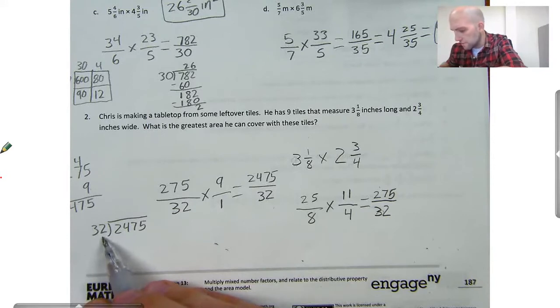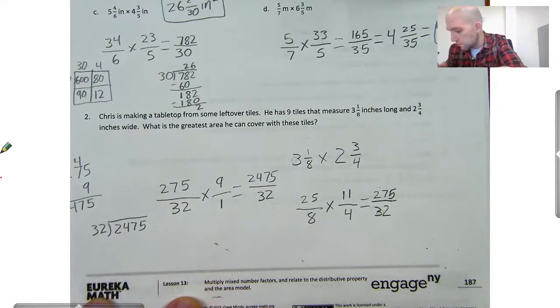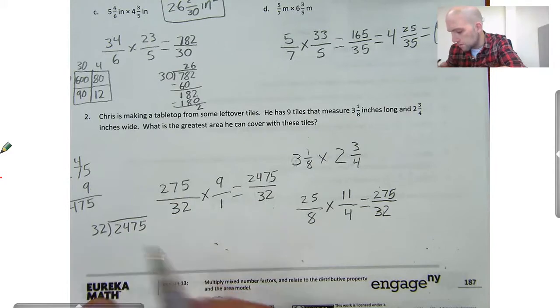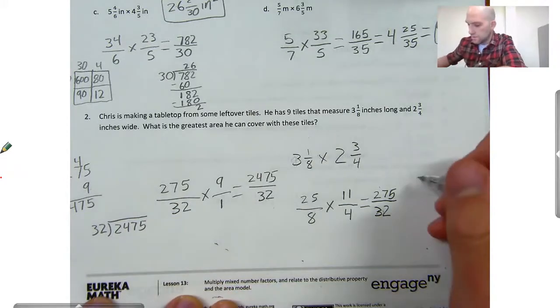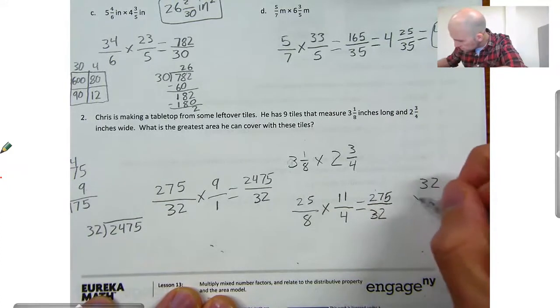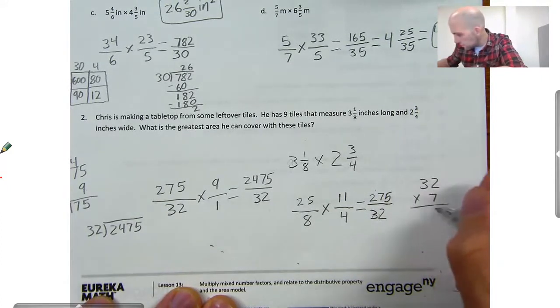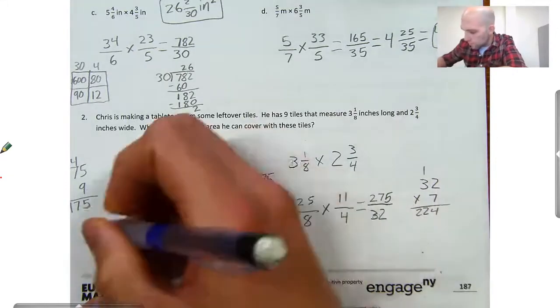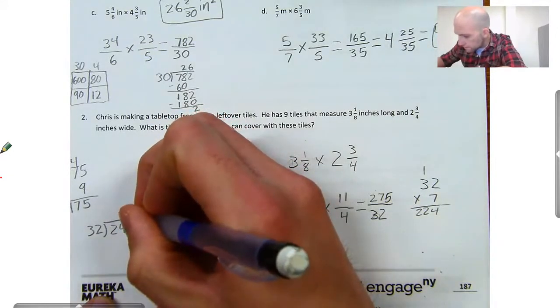Let's try 32 times 8. 30 times 8 would be 240. 8 times 2 would be 16, so that's going to be too much. So it'll probably be 32 times 7. 32 times 7, 2 times 7 is 14. 3 times 7 is 21 plus 1 more. That'll give us 224. So 7.